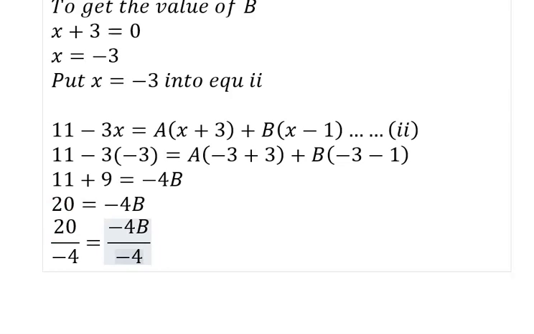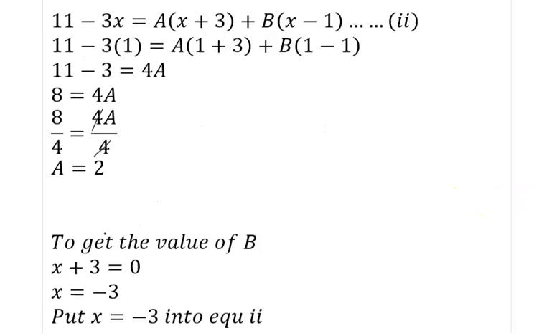So our minus can cancel our minus, our 4 can cancel our 4, and we'll be left with b. So b equals 20 divided by minus 4. Definitely our result will be minus 20 divided by 4, which will give us 5. Awesome.